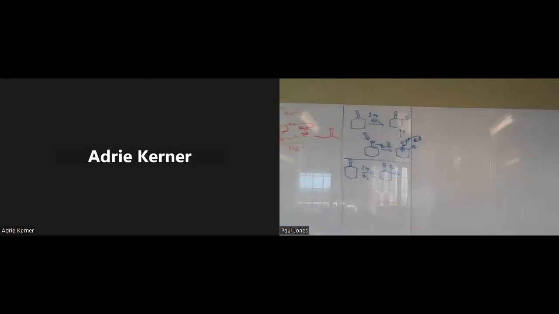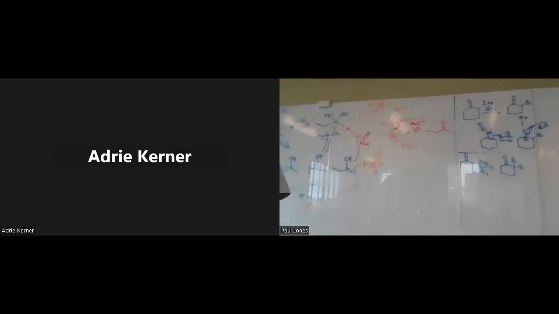And that has a little bit to do with enol stability. Like if you guys come back over here, look at the three enols that we drew at the beginning. Got three enols here. Which one of these enols is the most stable?